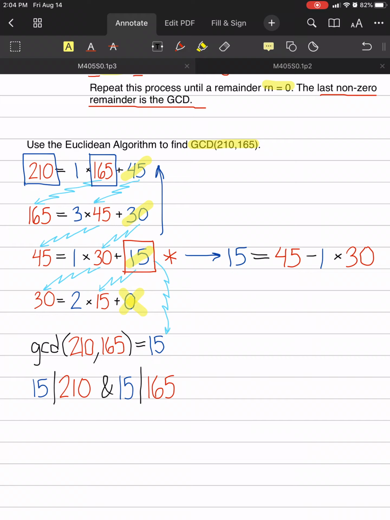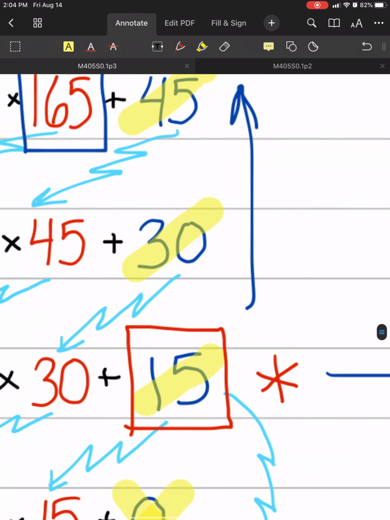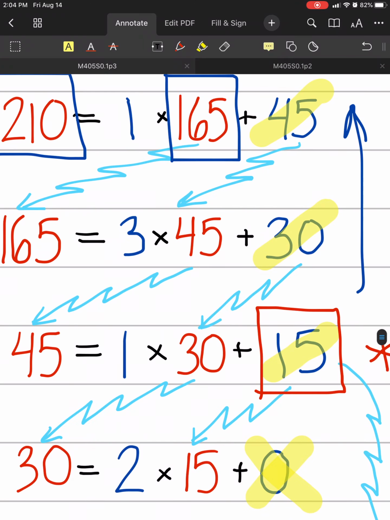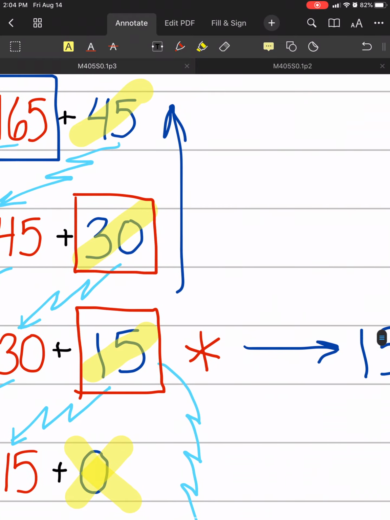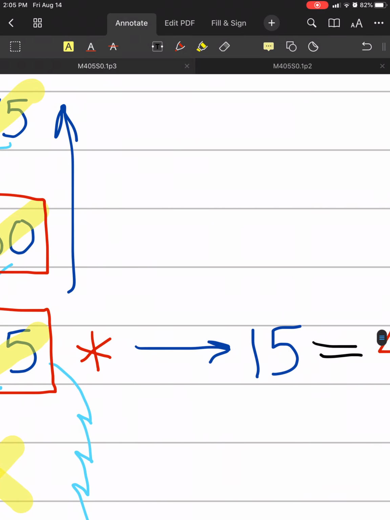Then what you do is you go up a previous step, so up to the second from the last, third from the last step here, and we have our remainder here. We can also rearrange this equation. So let me show you what I mean there. We would rearrange this the exact same way we just did.